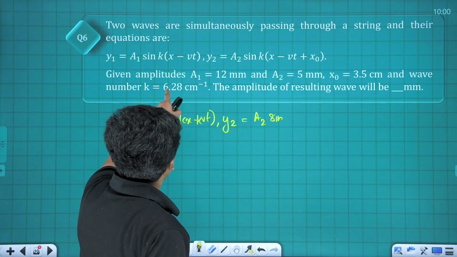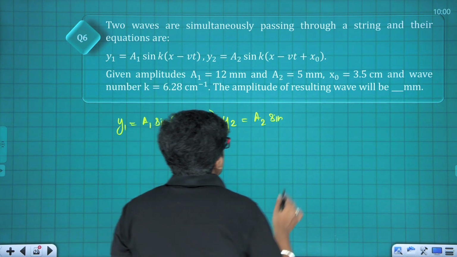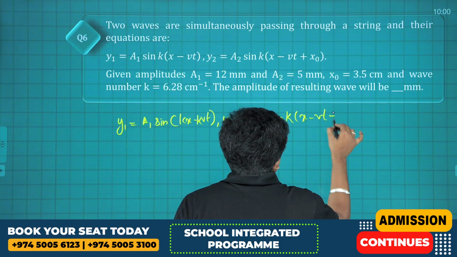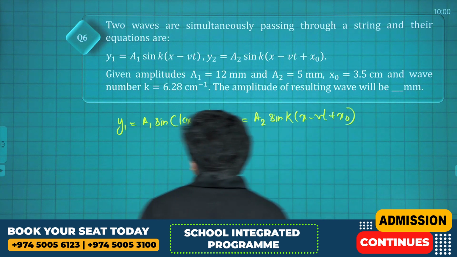So it should be k into x minus vt, and here this is a2 into sine of k times x minus vt plus x0.